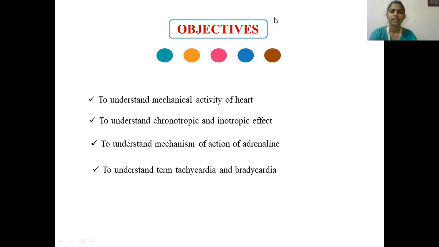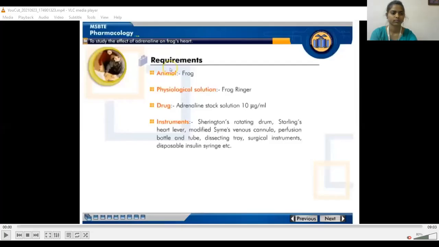Next, we are going to discuss the requirements for the practical. The requirements are animals like frog, physiological solution, frog Ringer, and the drug, adrenaline stock solution, which is 100 microgram per ml.